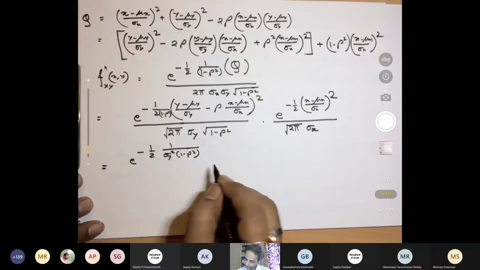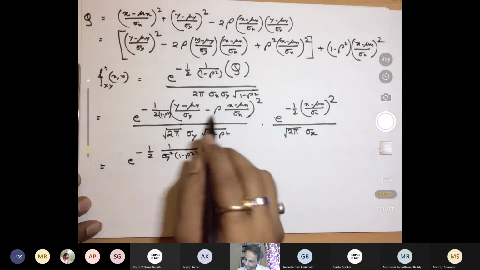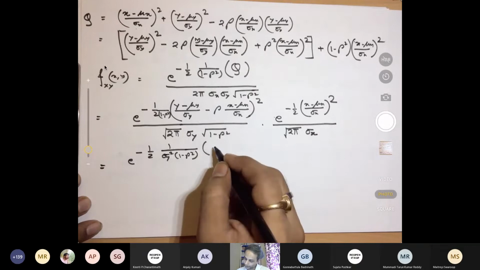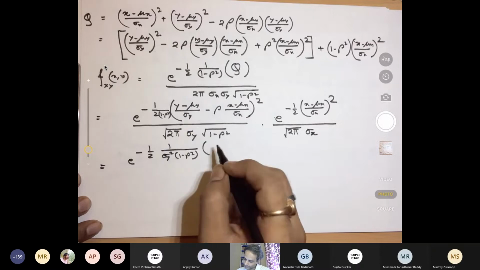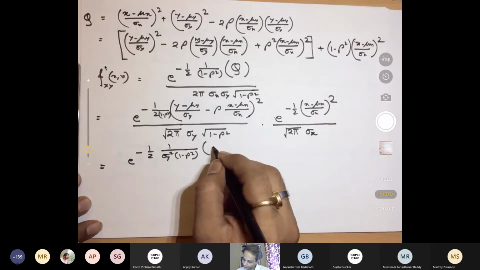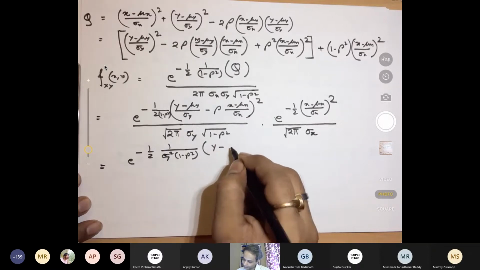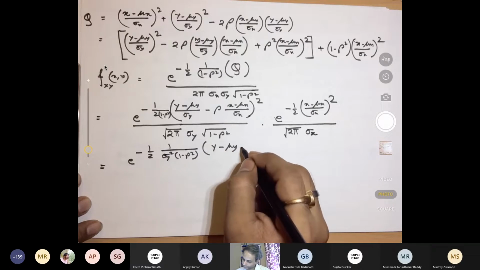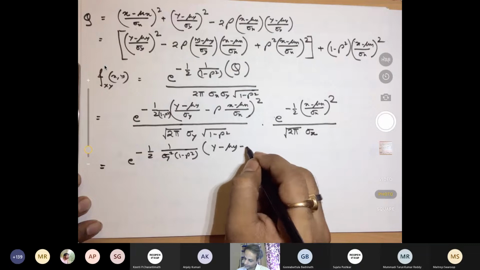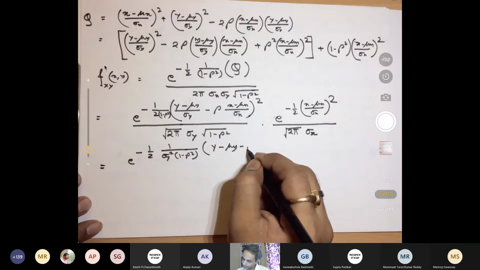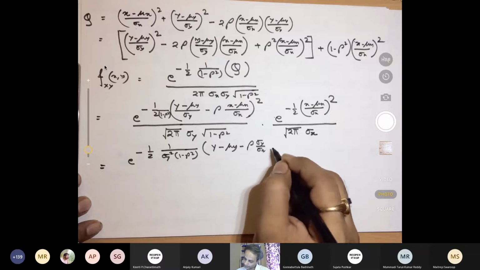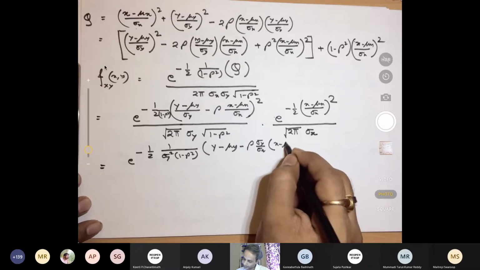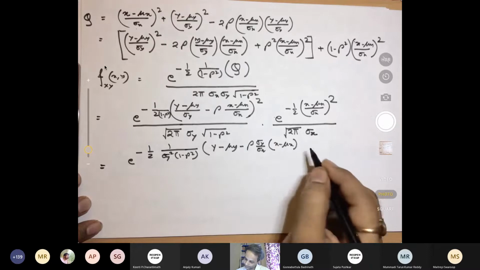This is one part, multiplied with y minus mu y minus rho sigma y by sigma x into x minus mu x.